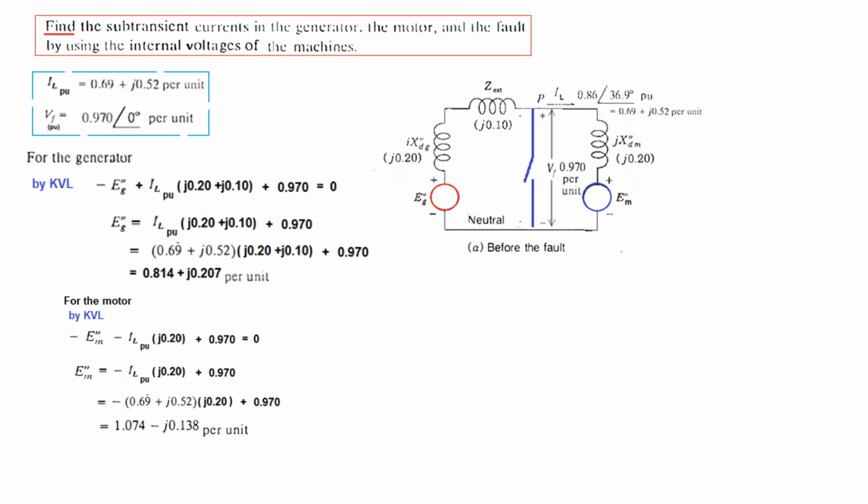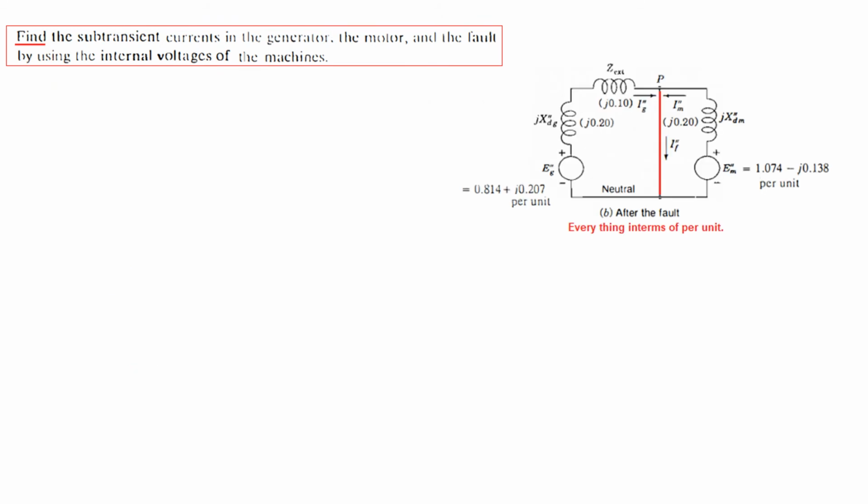That is why we have to use a negative sign here. So negative IL j2 and plus this voltage. And so we found EM in per unit also. So now we have everything in per unit. The generator voltages, motor voltage and all the loads are given. So now we are ready to find the currents.